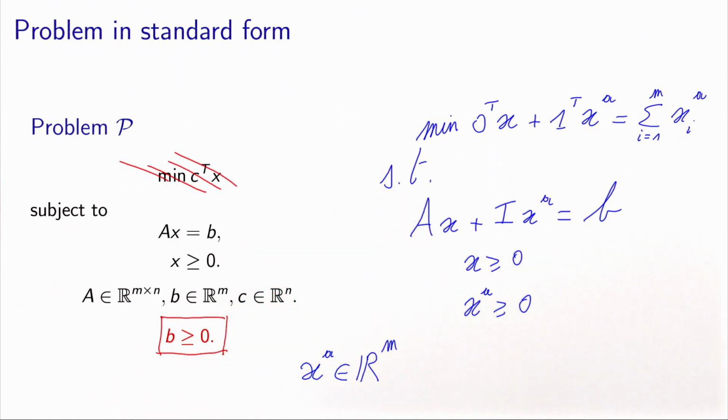So I call this the auxiliary problem. It's a problem that has been constructed from the data of the first problem, where we have forgotten the objective function, and we have included this new set of variables, the auxiliary variables. The objective function of this new problem consists in trying to make these auxiliary variables as small as possible, and hopefully to get them to 0.